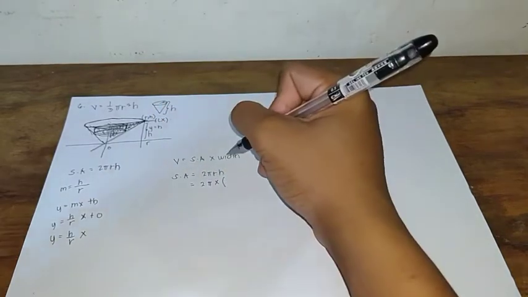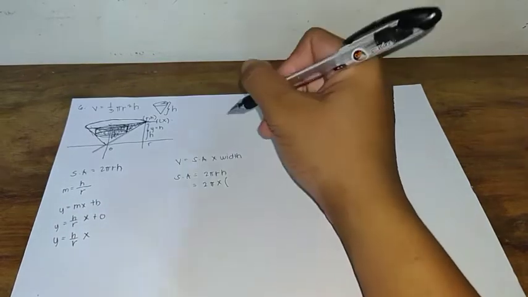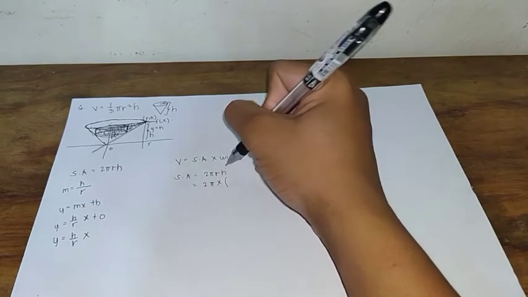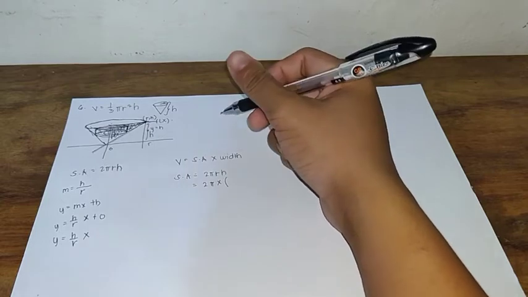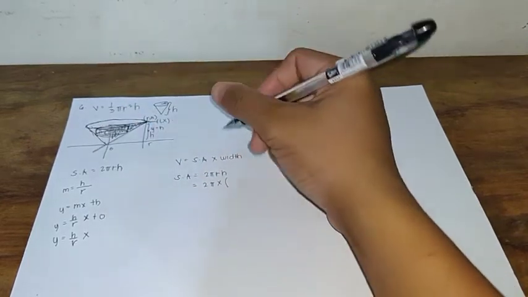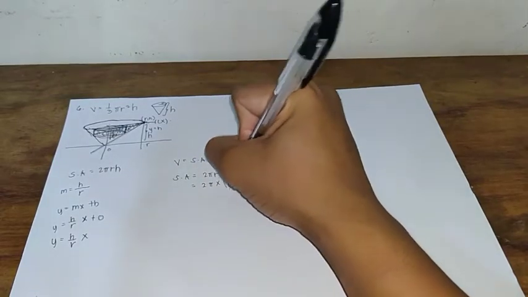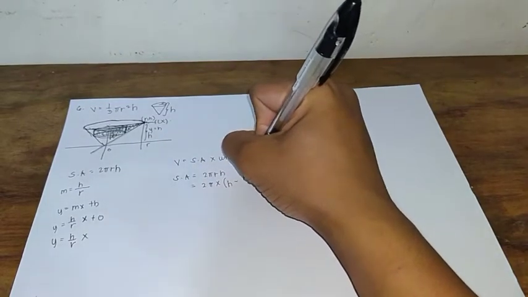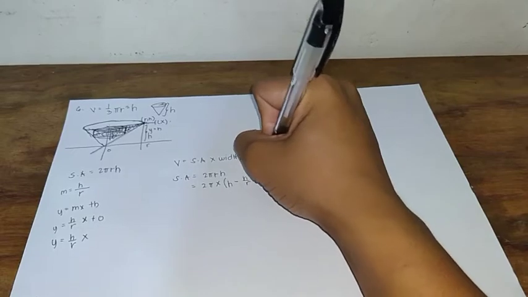Then in order for us para makuha yung values ng h, we need to subtract this line h from this line. So, magiging h minus h over r x.